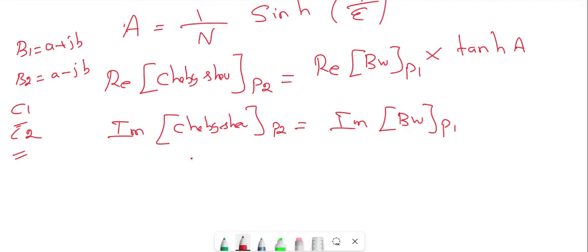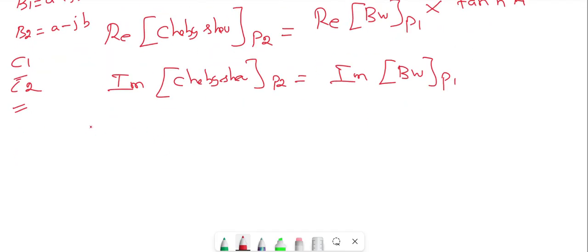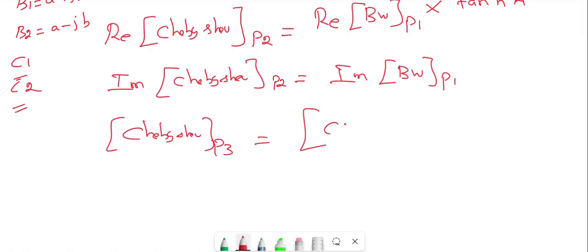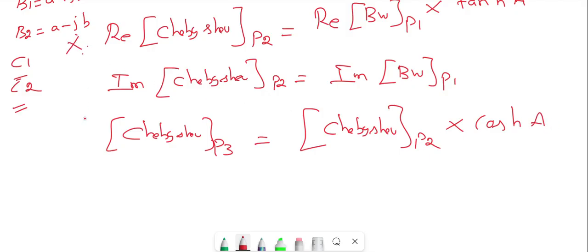Then the new pole P3 is obtained by multiplying P2 by cosh A. These formulas are very important for converting Butterworth poles into Chebyshev poles.